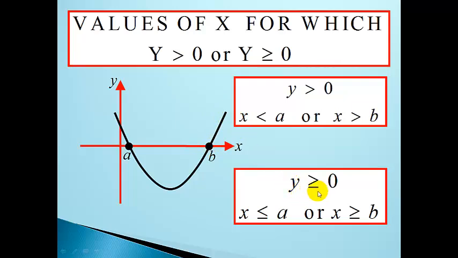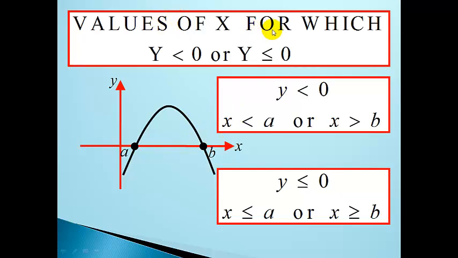For greater than or equal to 0, it means that a and b are all inclusive. So it's x less than or equal to a and x greater than or equal to b.